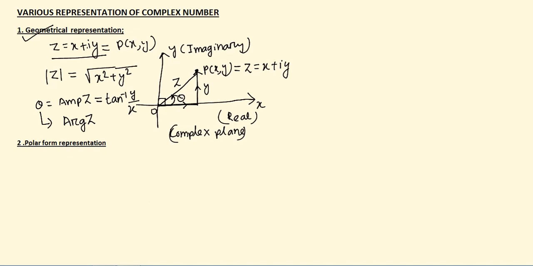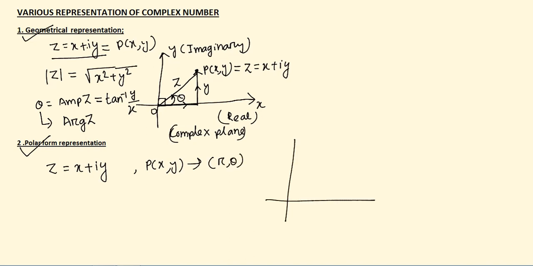Now let us see the polar form representation of complex numbers. The complex number z in geometrical form can be written as z equal to x plus iy. Here we can change the point (x, y) to polar coordinates (r, theta) by using this figure.